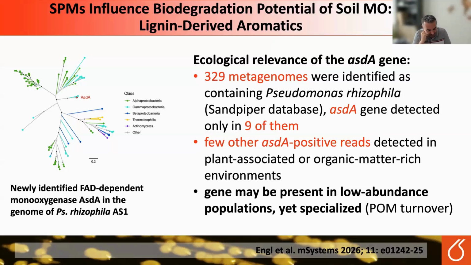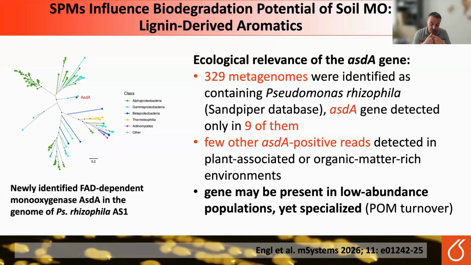Then we also investigated the overall metagenomes that are to a certain extent associated with the turnover of plant-derived organic matter. We found a few other ASDA positive hits in plant-associated environments or other rhizosphere environments.